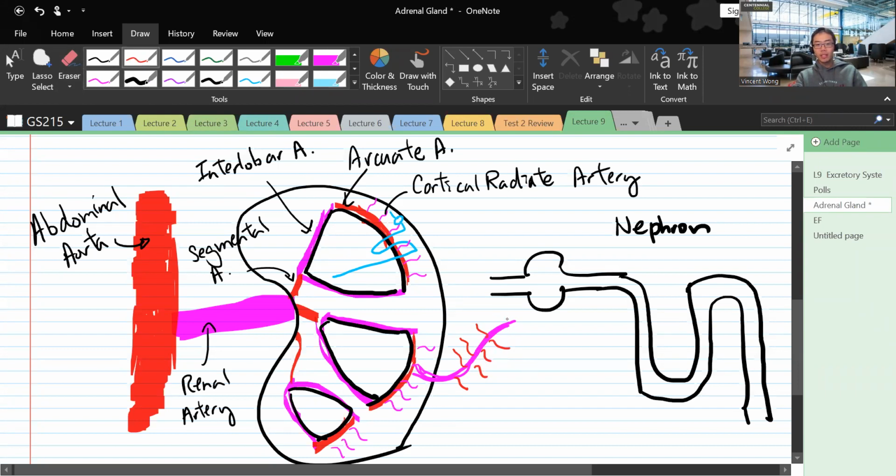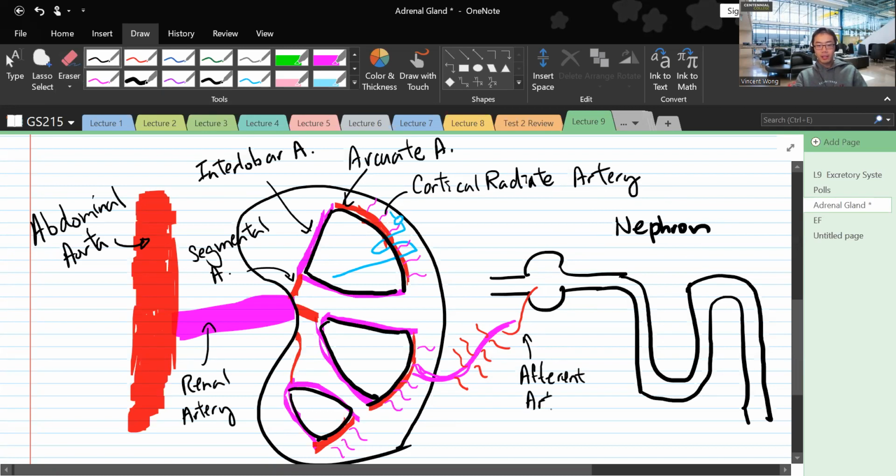Each one of these is gonna feed into the Bowman's capsule of the nephron. These smaller ones that branch off from the cortical radiate artery are called the afferent arteriole.